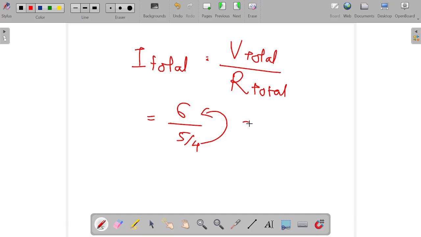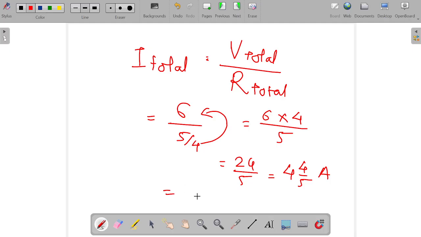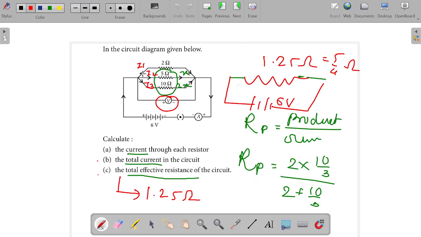The denominator goes to the numerator, so it becomes 6 into 4 upon 5, which is equal to 24 by 5. So the answer is 4 whole 4 by 5 ampere, or we can say it is 4.8 ampere. The total current is 4.8 ampere.